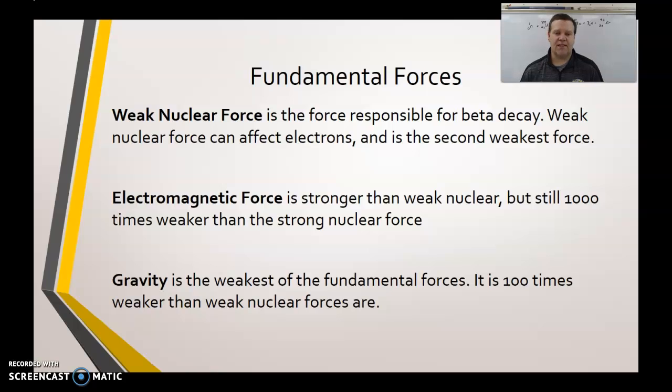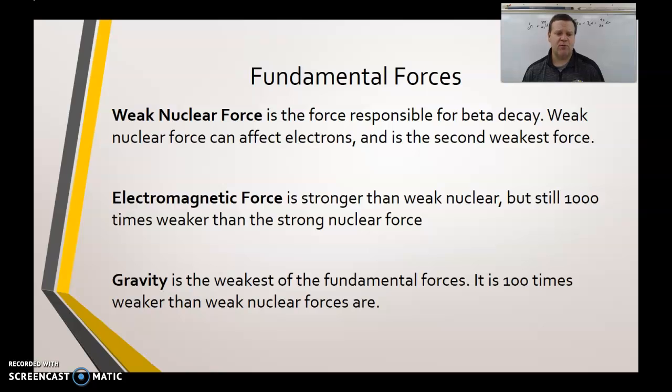It's the one that really affects a lot of the things that happen around us. Anything to do with electricity and magnetism comes into play here. Specifically in atoms, it deals with the chemical bonds taking place, and interactions where electrons are being transferred between different atoms. The last one is gravity, and believe it or not, gravity is the weakest of those forces.